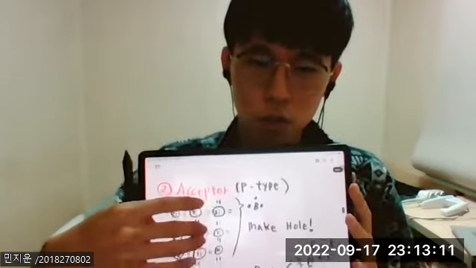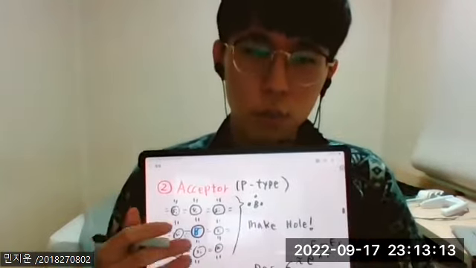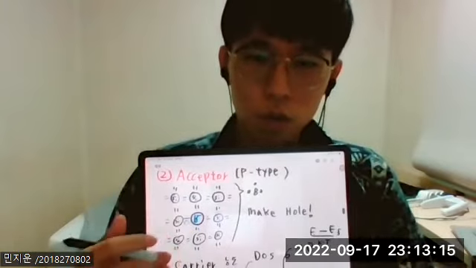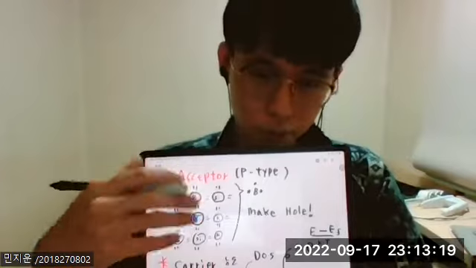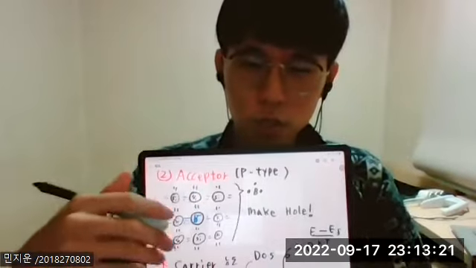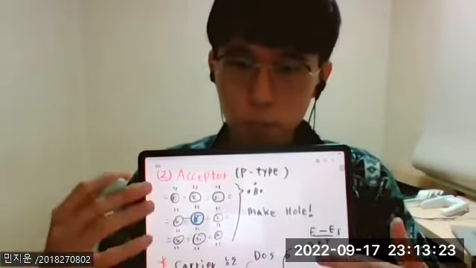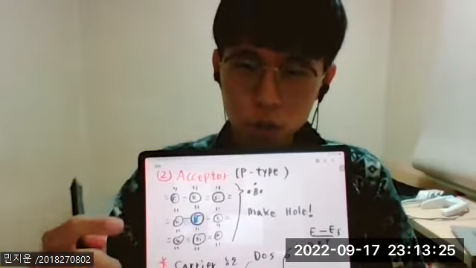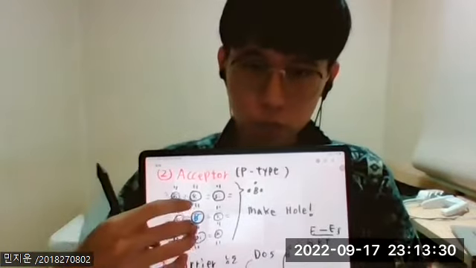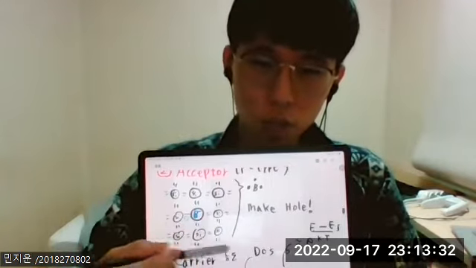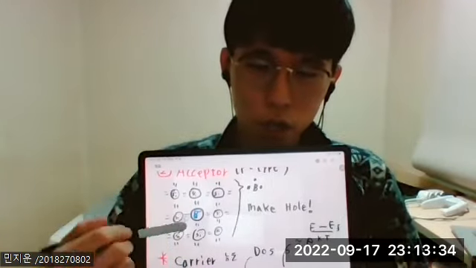Next is acceptor doping. It is when the silicon semiconductor is doped by a group 13 element like boron, and covalent bonding occurs.